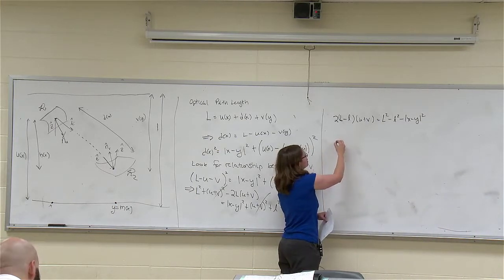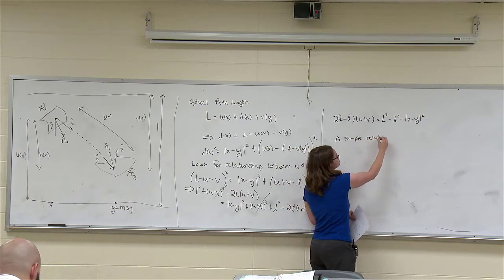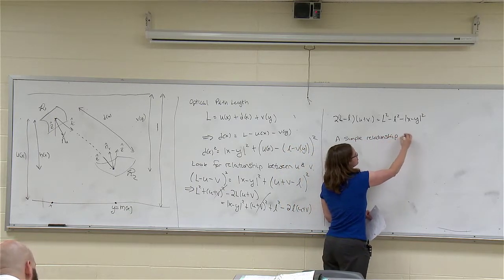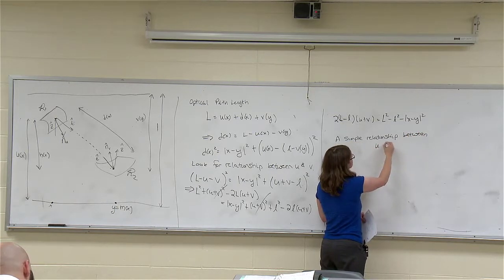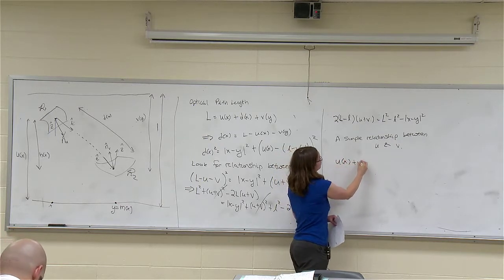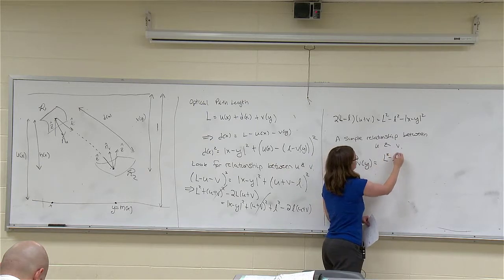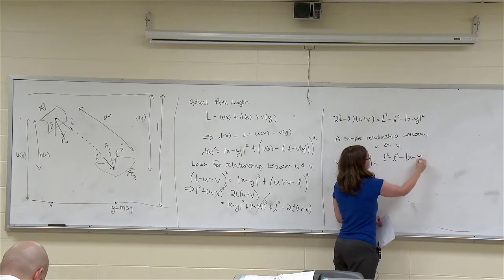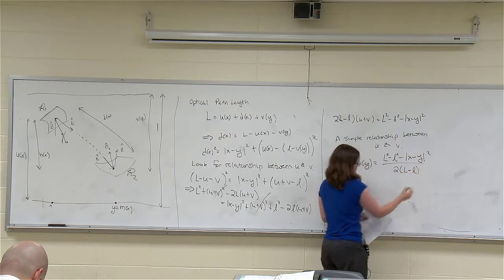Okay, so here's a simple relationship between U and V. Okay, it's going to be U of X plus V of Y equals (L squared minus l squared minus (X minus Y) squared) over (2L minus 2l).